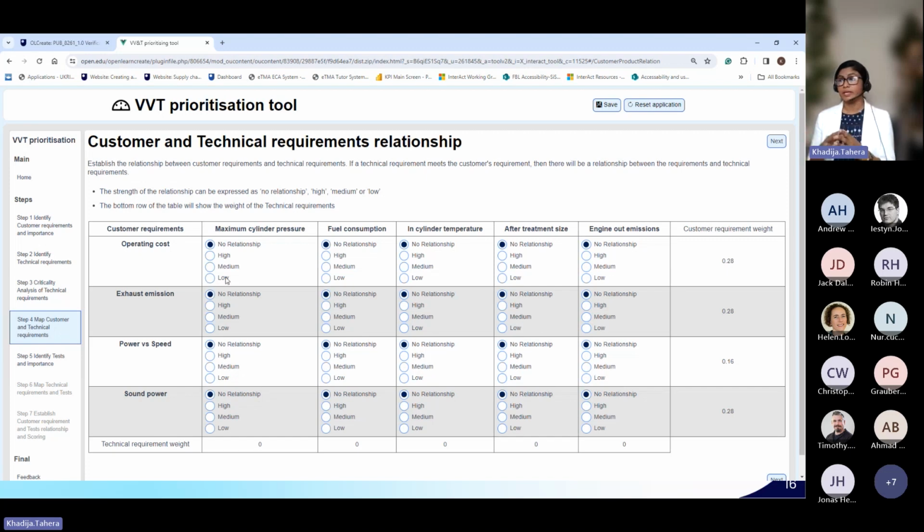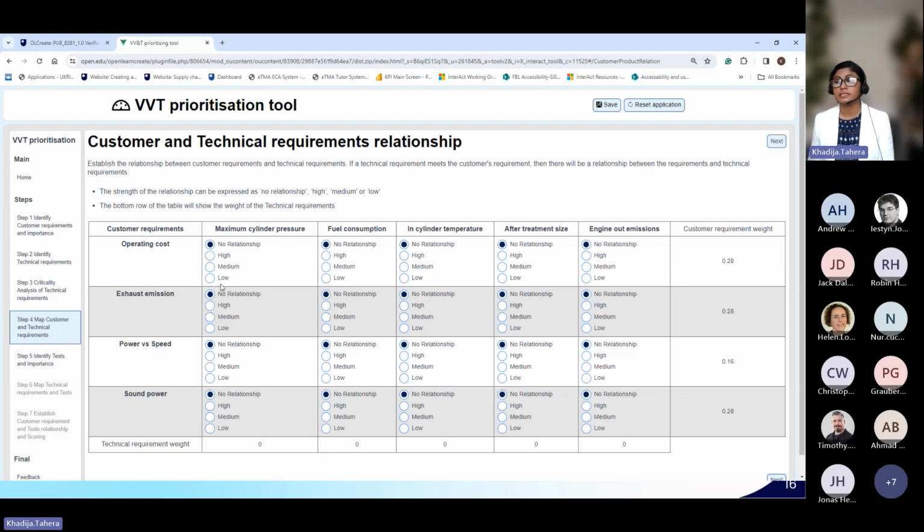As Andrew said, you can have this qualitative understanding, and you can say low, high, medium, and you can give a range from 1 to 10, whatever. But to simplify, because the idea is to convey the knowledge, we classified into four only. If there is no relationship whatsoever that you identify between the requirements and the technical specification, there is no relationship.